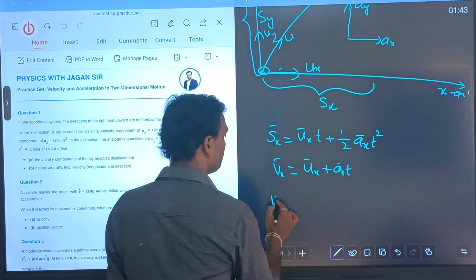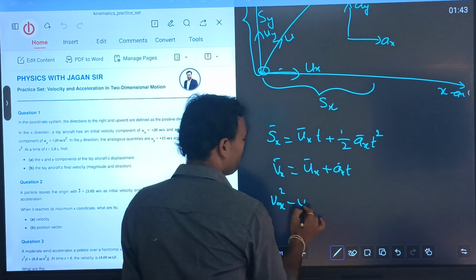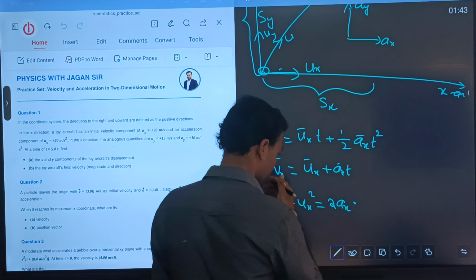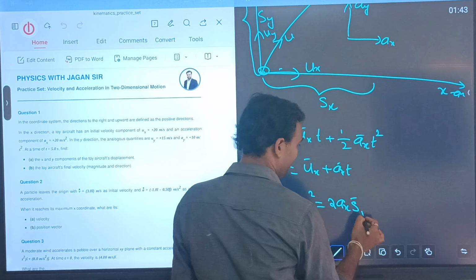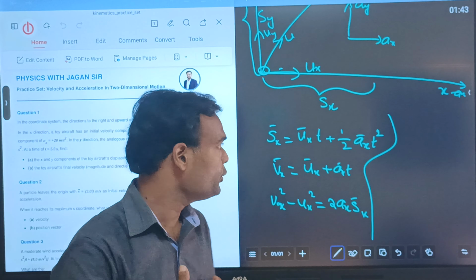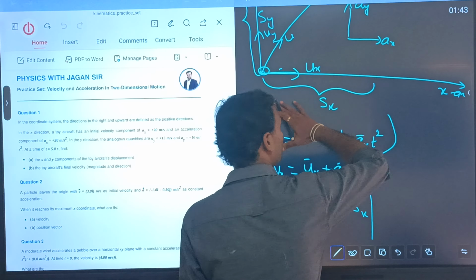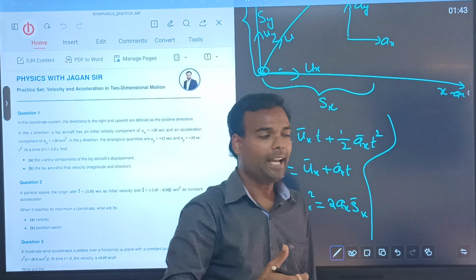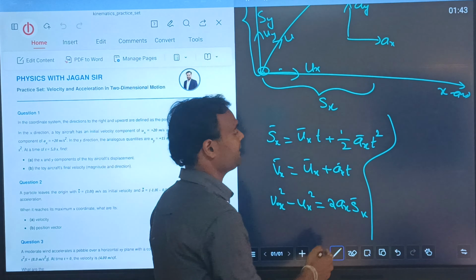Similarly, vx² - ux² = 2ax sx. These are on the x-axis. These formulas we have to use if we want to find displacement, velocity, acceleration along the x-axis.